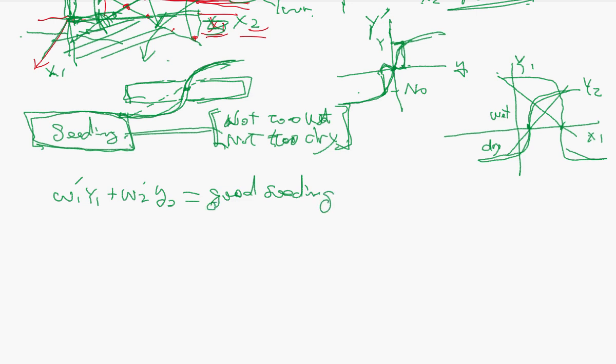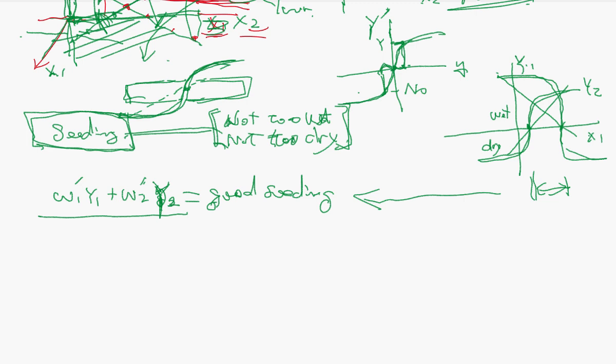You can start seeding, so it's going to be this range. Okay, so you want to have a nice range for good seeding, and you use second level decision making based on frog croaking and others.